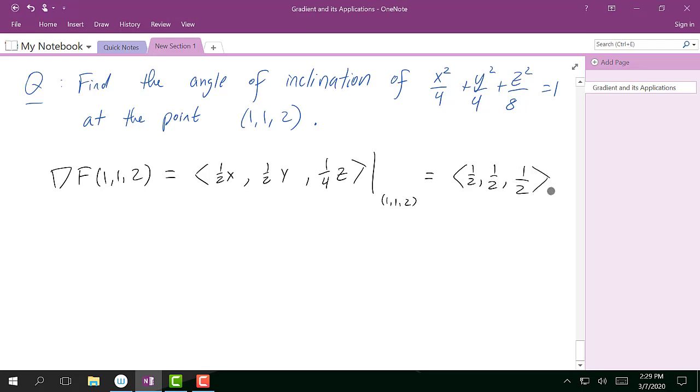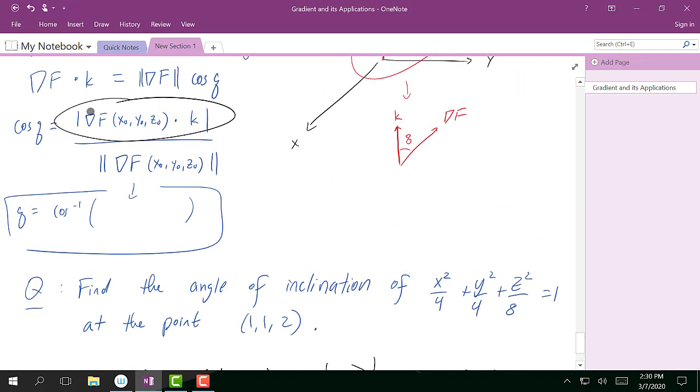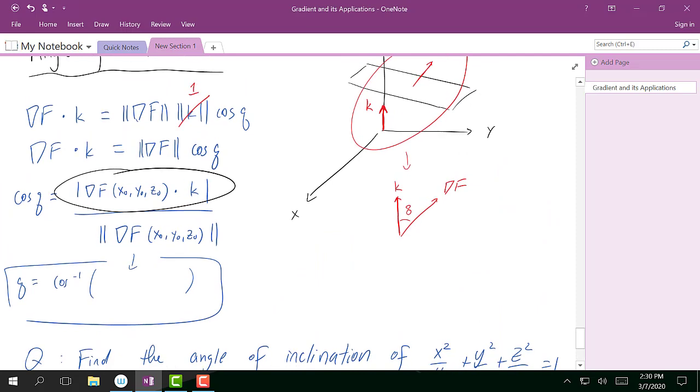Now that we have that, we can calculate the numerator of what we needed. We get this vector, a half, a half, a half. Now we take the dot product of it with the vector k, so 0, 0, 1. Again, this is what we had on top. Go ahead and take a look at that for a second.